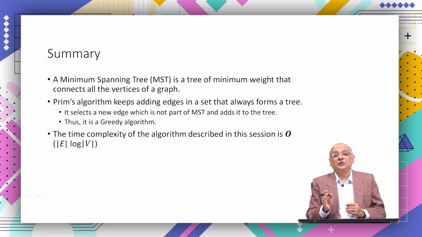It selects a new edge which is not part of the MST and adds it to the tree. In Prim's, from the tree only you find the adjacent node, finds the minimum adjacent one and selects it. So it is a greedy algorithm.